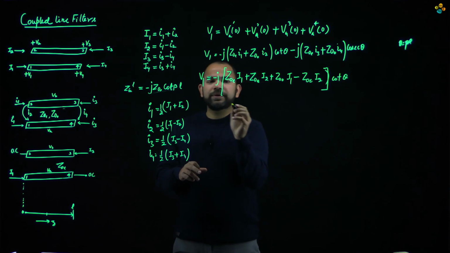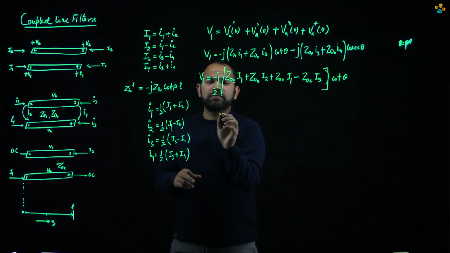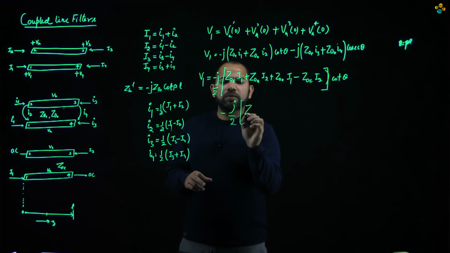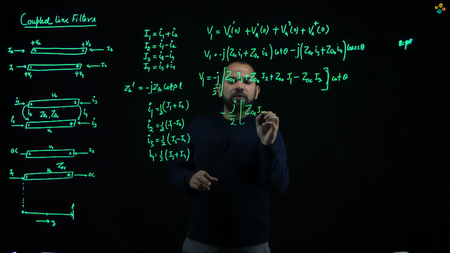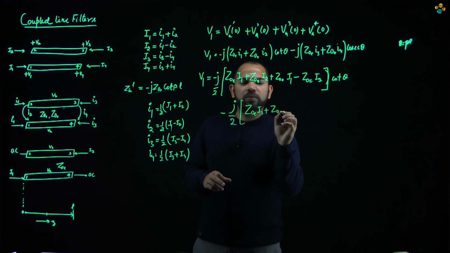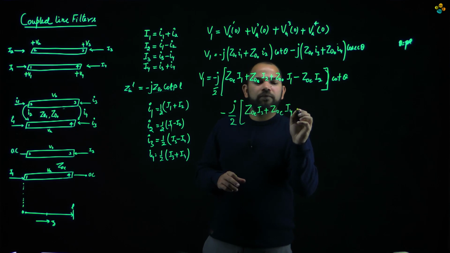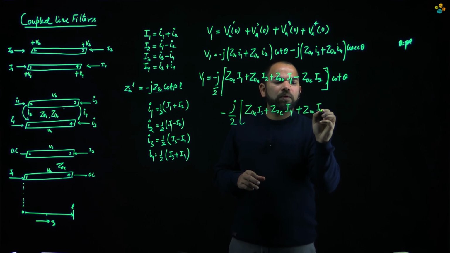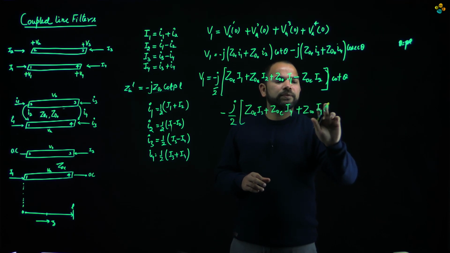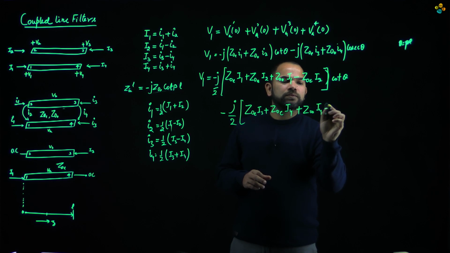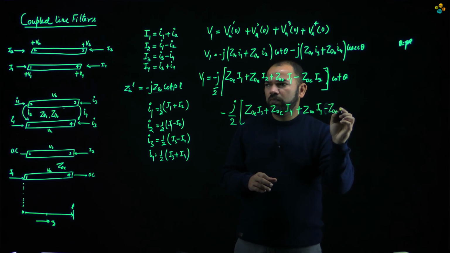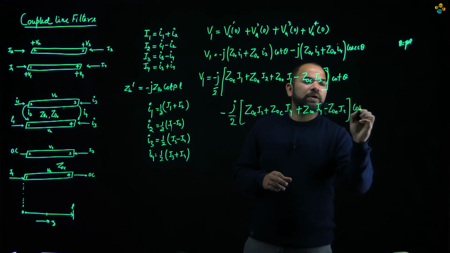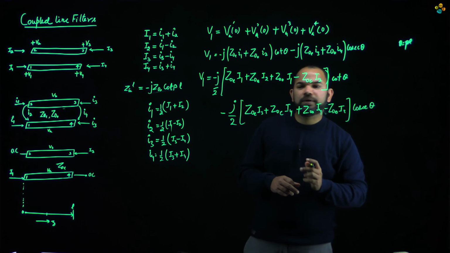And there is another expression, this is j by 2 minus j by 2 (ZOE I3 plus ZOE I4 plus ZOO I4 minus ZOO I3), and this whole expression is multiplied with cosec of theta.